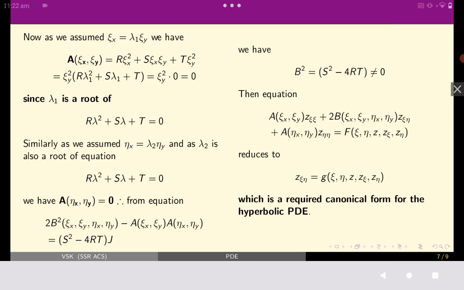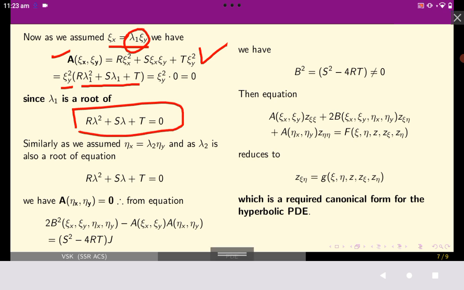Now as we assumed that xi x is equal to lambda 1 xi y, when we calculate this value, given by this expression, and put xi x is equal to lambda 1 xi y, we can find this out, and it becomes this expression. But lambda 1 is the root of this equation. As lambda 1 is the root of this equation, this simply becomes 0, and we get xi y square into 0, which is equal to 0.